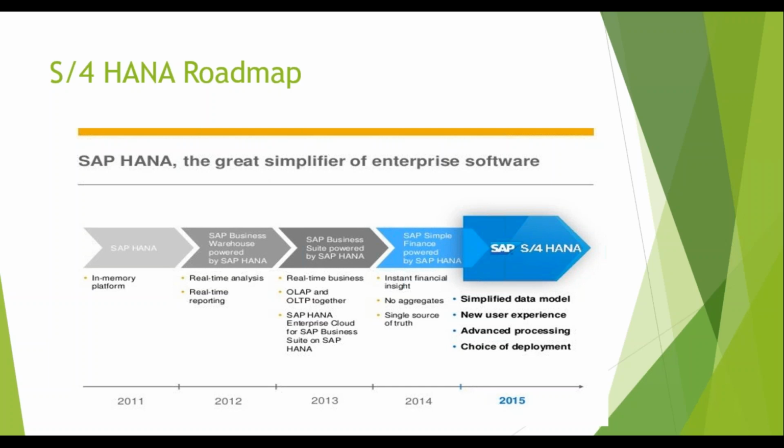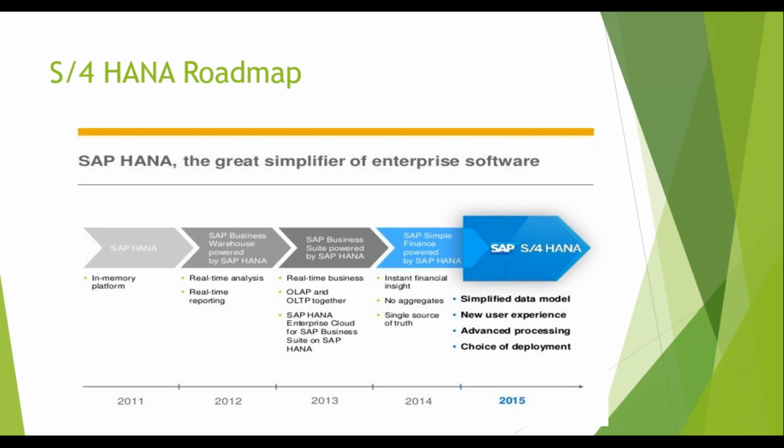This is again one of the things that you should understand. So if I am a customer who is interested in going for SAP, and you are also another customer who is interested in going for SAP. I selected the on-premise approach, you selected the cloud approach. I implemented 1511. Now SAP has come up with 1610. It is my choice whether I want to go for 1610 or not. But in case of cloud, upgrades come every quarter.